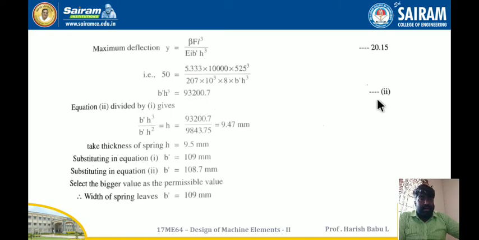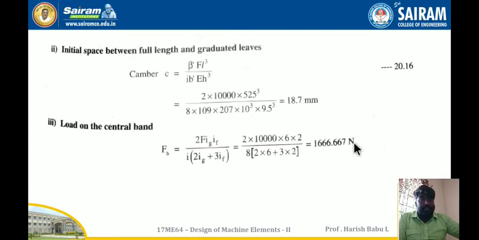By dividing equation 2 by equation 1, I get h as 9.47 mm. By rounding off, h is equal to 9.5. Substituting the h value in equation 1, I get b dash as 109. In equation 2, I get 108.7. To consider the maximum, I take 109. That is the width of the spring leaves.